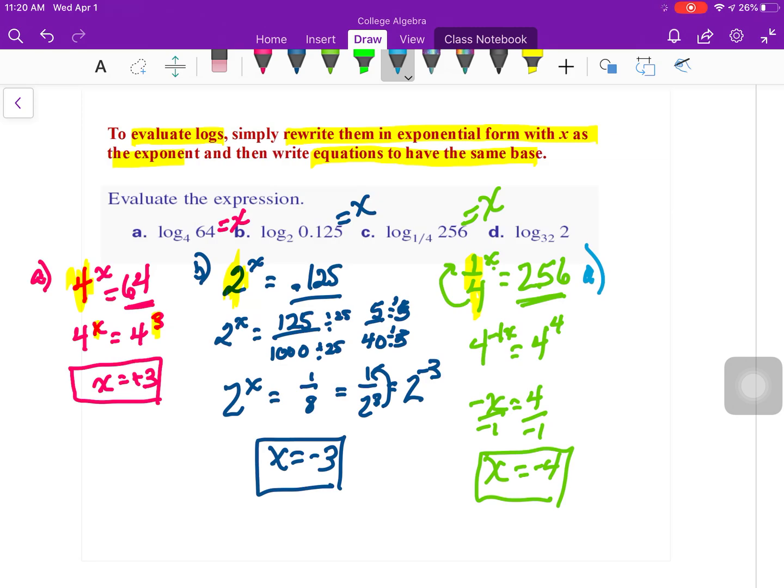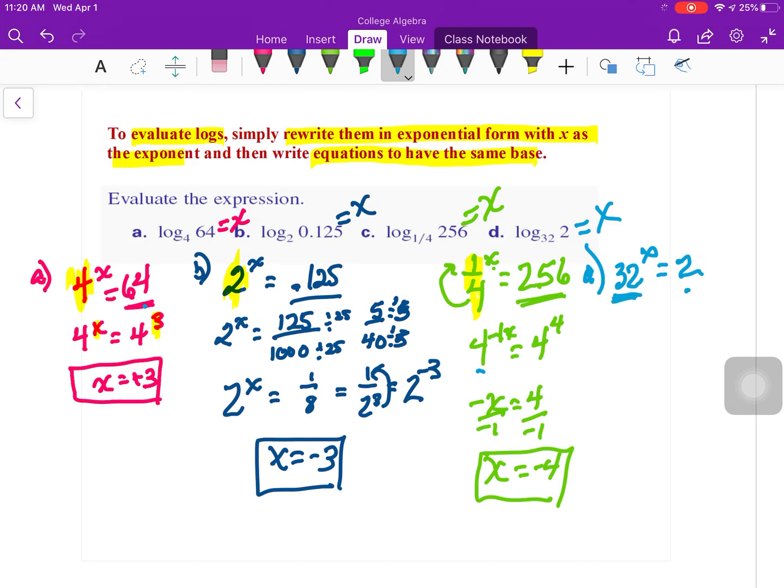And then the last one here, I don't know what it equals, so 32 to the x equals 2. Do you also notice that in any of these, we always wrote them in the smaller base, not the larger base? So which is the smaller base here, 32 or 2? 2 is.